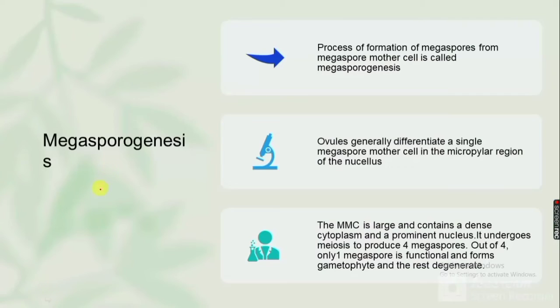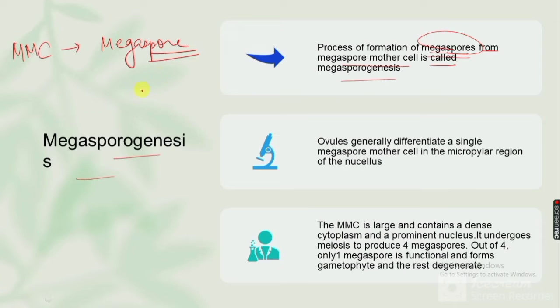Megasporogenesis is the formation of megaspores from the megaspore mother cell. Means the megaspore mother cell develops into megaspores. This process is known as megasporogenesis. Ovules generally differentiate a single megaspore mother cell in the micropylar region of the nucellus.